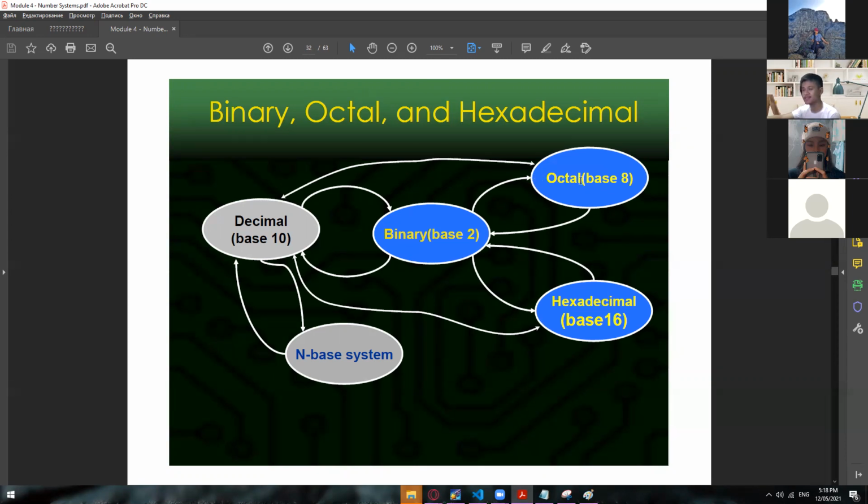So I think you can do this one: octal to decimal, and then decimal to n base. So there are things that you cannot convert right away, so you need to do double conversion or three times conversion.